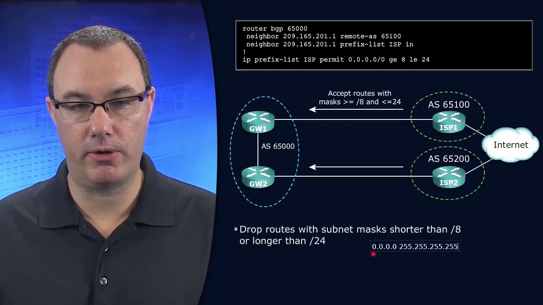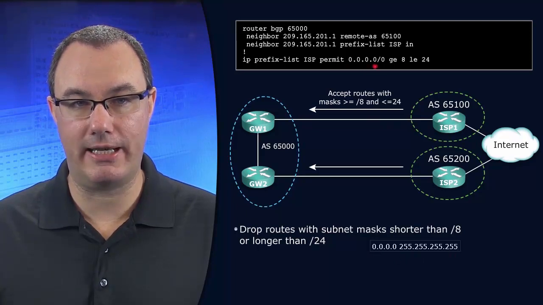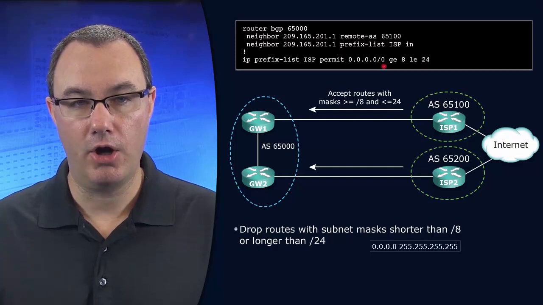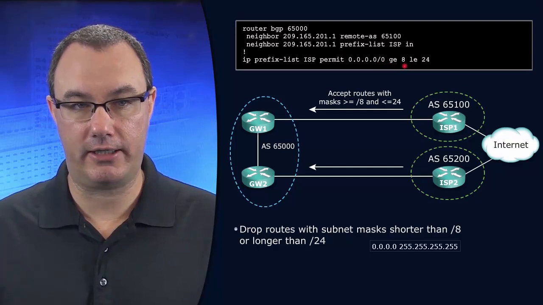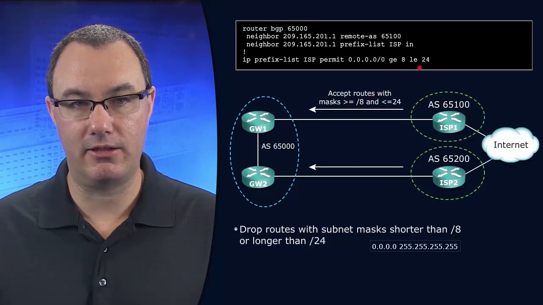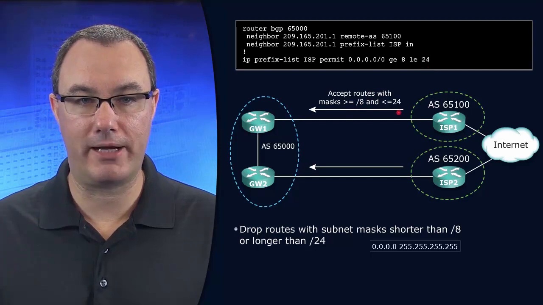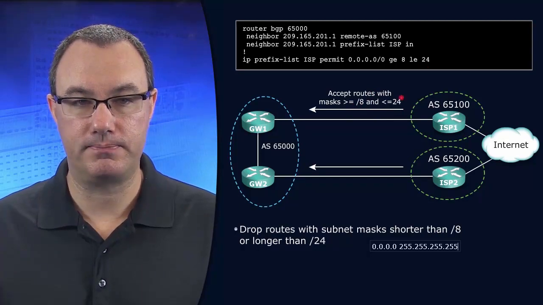It would be 0 through all 255s. So we're not even worried about what network we're receiving. All we are worried about is if the mask is greater than or equal to 8, matching this verbose logic here, and less than or equal to 24, matching what we see here.